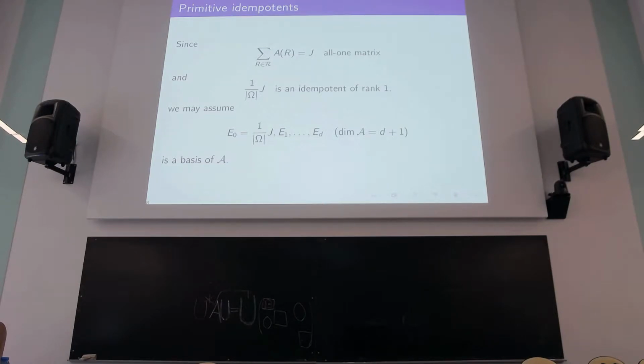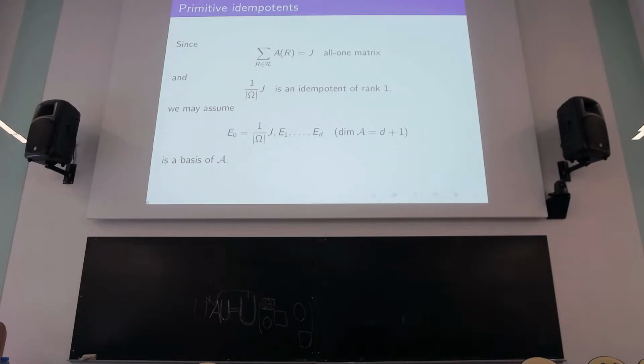So let us call that particular single idempotent E sub 0. Originally I indexed the idempotents by numbers from 1 to R, but it's customary to distinguish this particular idempotent by the number 0. So I now have D plus 1 primitive idempotents instead of R. Sometimes in the theory of association schemes, this D is referred to as the class, and the D plus 1, which I previously denoted by R, as the rank.